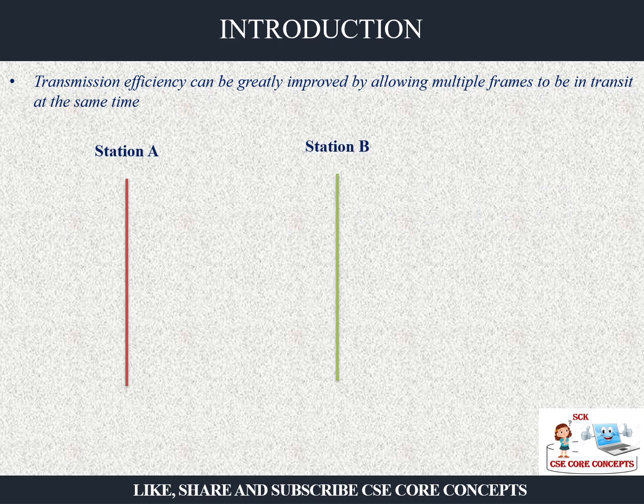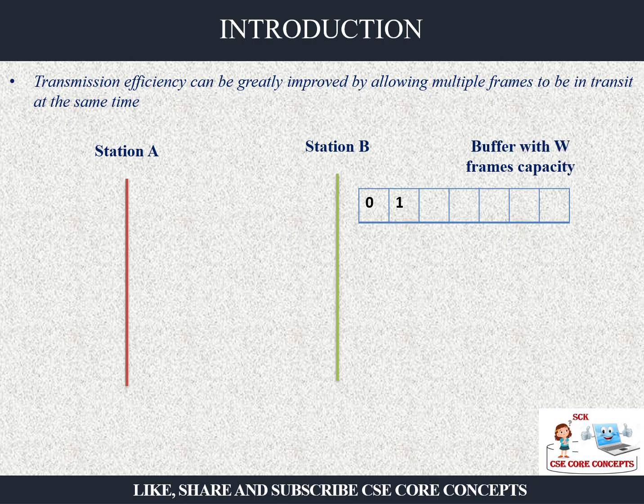Instead of receiving one acknowledgement per frame, we can send one acknowledgement for multiple frames. Let us assume two stations A and B want to interact, and every receiving station has a buffer with W frames capacity.